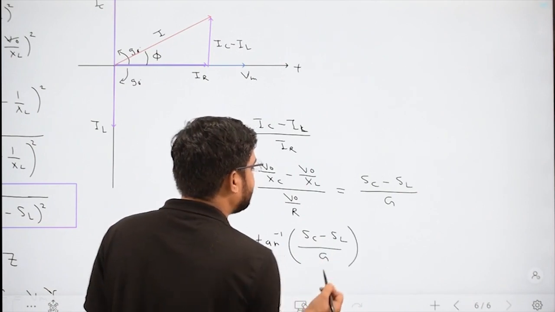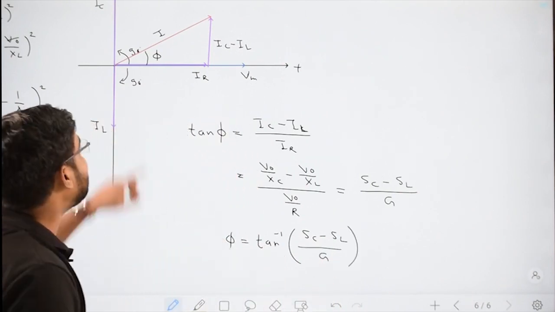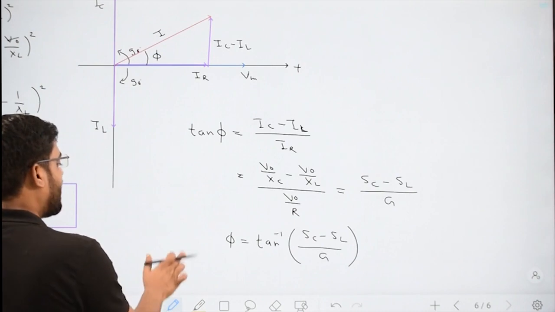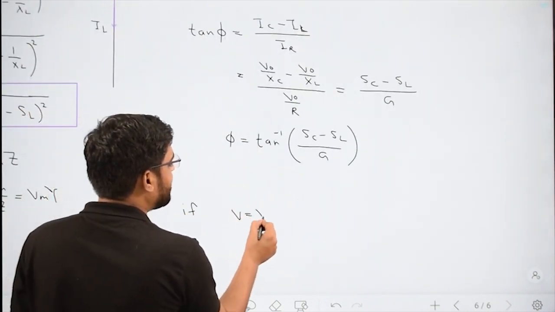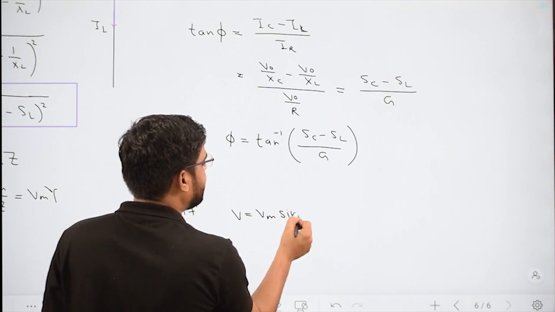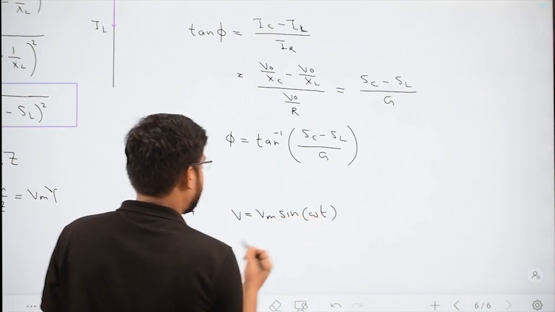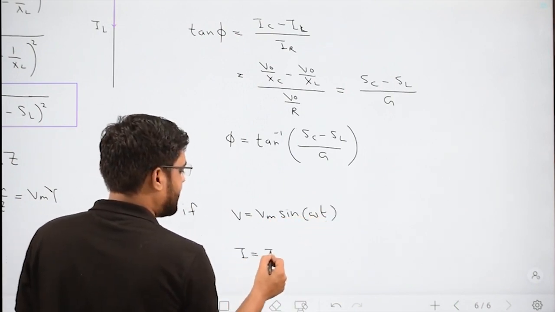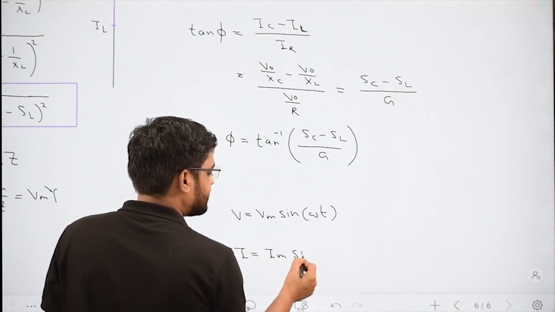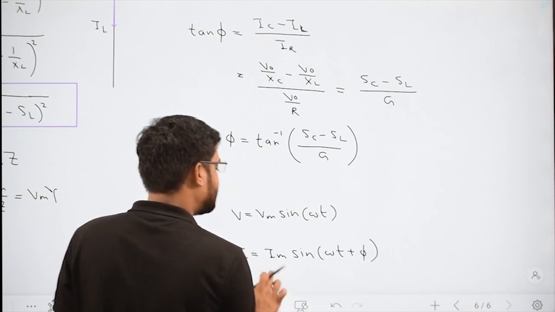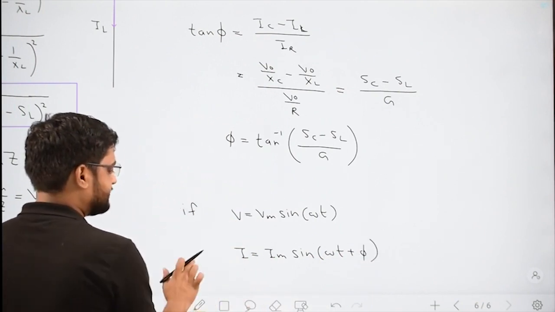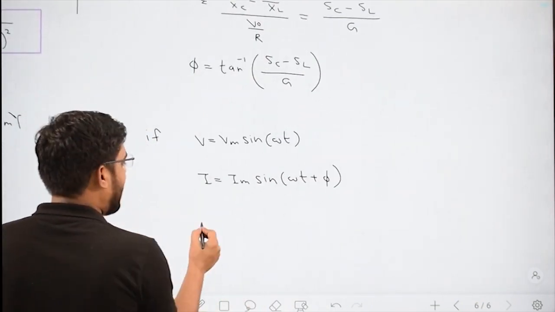And here we are saying that current is the one which is leading the voltage. So from here I'll be saying if my V is nothing but Vm sine omega t, let's say it is given, then the current is nothing but Im sine omega t plus phi. Current is the one which is leading. And what is our Im?